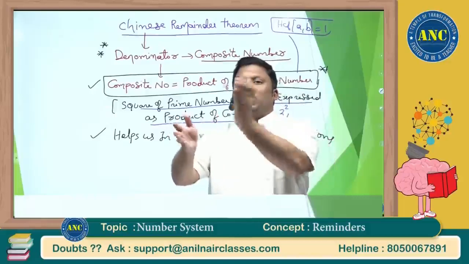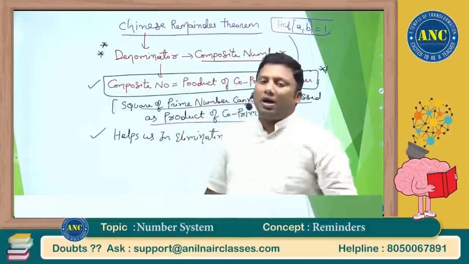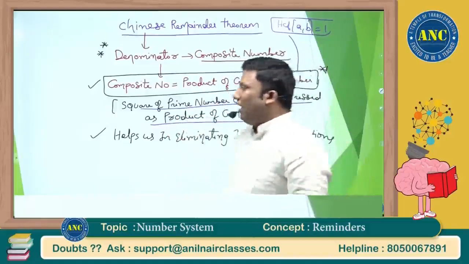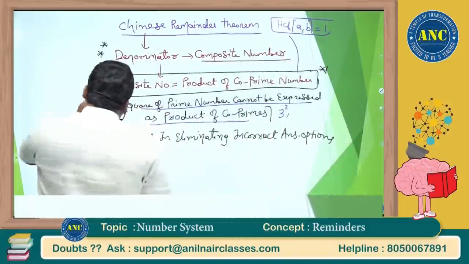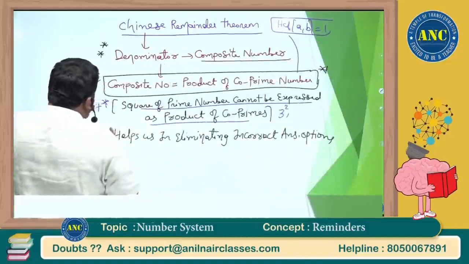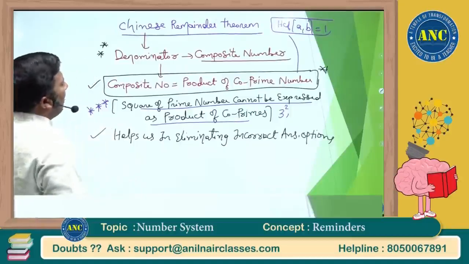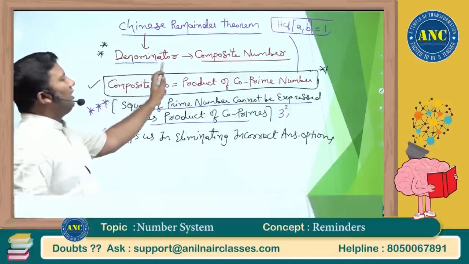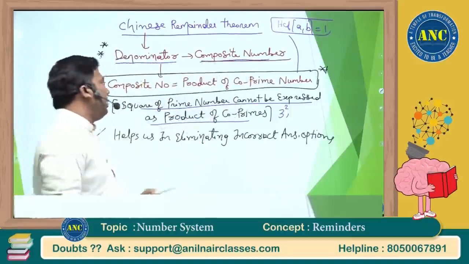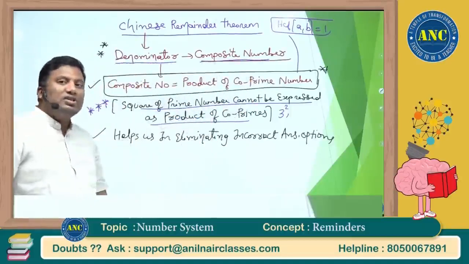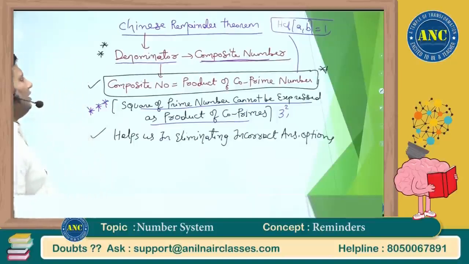P square, P into P. HCF of P comma P is P. So therefore, Chinese remainder theorem probably will not be the best method to solve the problems when the denominator is a composite number and the composite number is a square of a prime number.